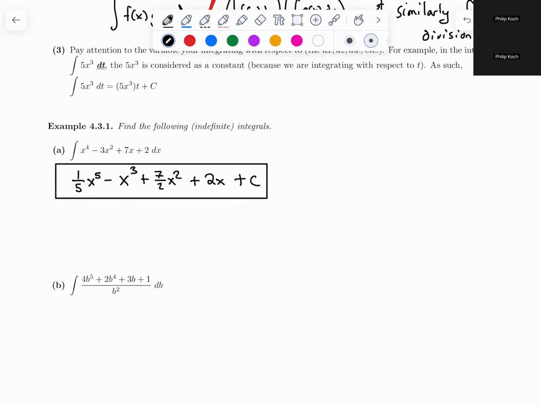Nothing too surprising, and this is just meant to really hammer home the power rule and all its glory. And same thing with this one, but you notice that you need to simplify first.